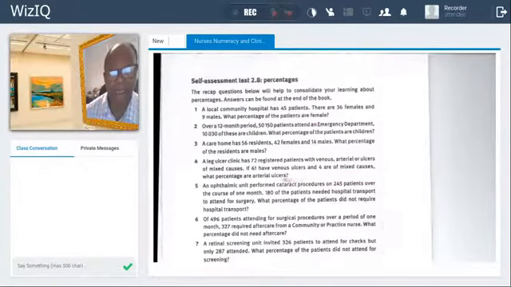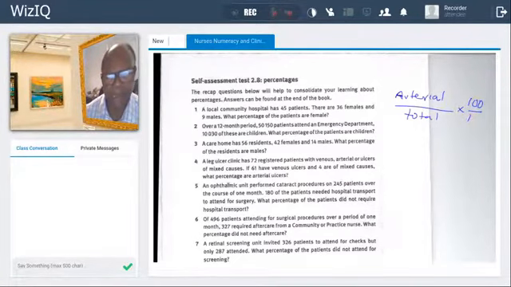Okay, so they are asking what percentage are arterial ulcers. So we need arterial ulcers divided by total times 100 over 1. We know the total is 72, so that's not a problem. But the problem we have here is we need to add.